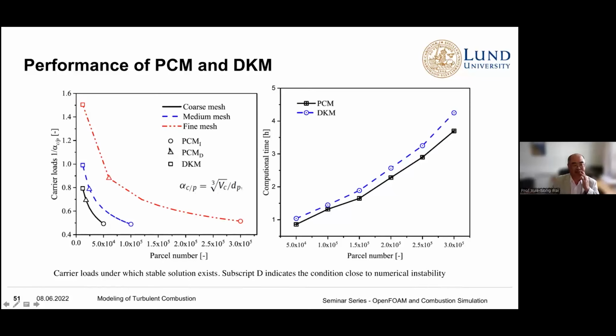This triangle means PCM did not have a solution at this point. With the distribution, we distribute away the source terms as well as the solid volume fraction, and it becomes rather independent. We want to refine grids, but we don't want to follow this line using very fine grids and very many parcels.